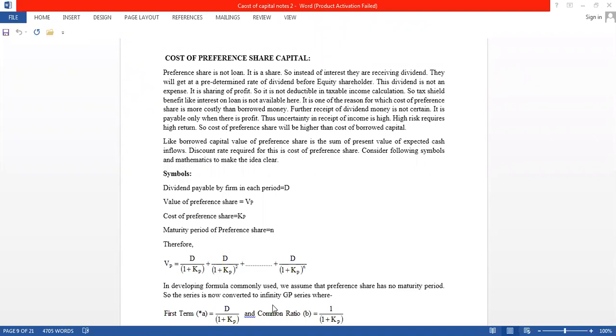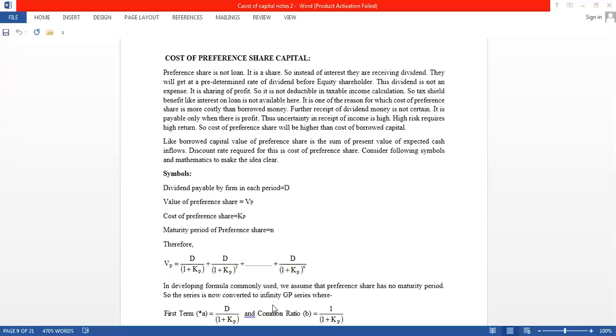Already we have solved and discussed a lot about the cost of debt capital. Debt capital, we have mentioned, is a capital that we have taken on loan from public or from bank. This money carries interest which is eligible for deduction under Income Tax Act.